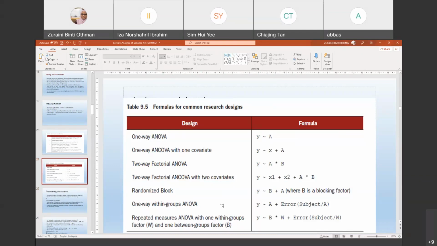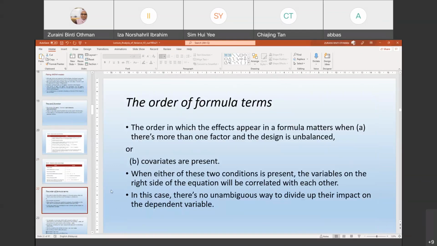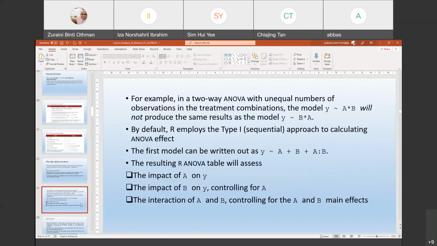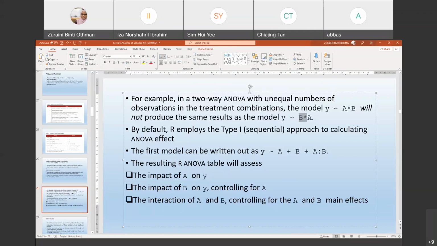Okay, when either of these two conditions is present, the variables on the right side of the equation will be correlated with each other. In this case, there is no ambiguous way to divide up their impact on the dependent variable. For example, in a two-way Anova with an unequal number of observations in the treatment combinations, the model Y depends on A times B will not produce the same result as this.